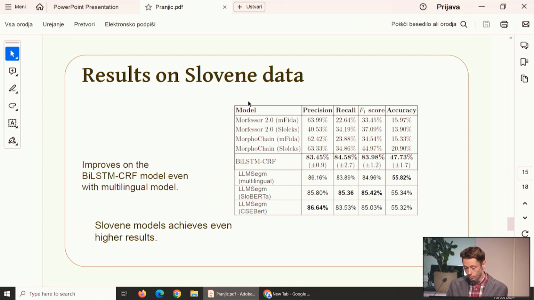Also, one plus of this model is that it was already pre-trained on large text data, large Slovene data, for example, the SloBERTa model and CSC BERT. So even words that were not seen in training or not related to words in training, it has a capability to resolve them.